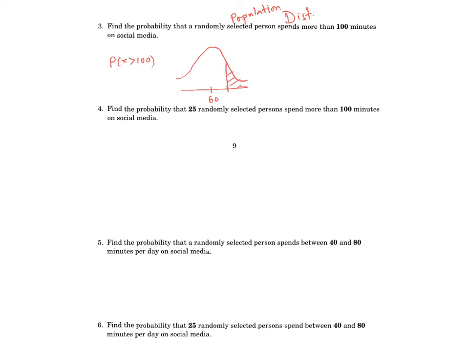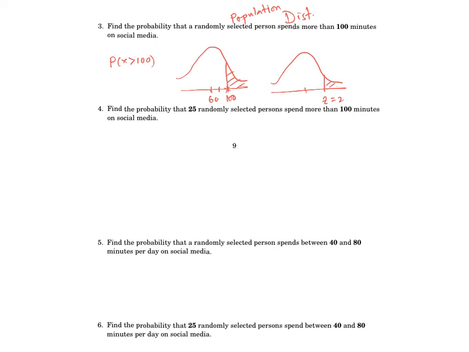You should know how to go from here to the standard normal distribution. Z is going to be 2 in this case, because standard deviation is 20, so 60 plus 20 is 80, one standard deviation, and 80 plus 20 is two standard deviations, which is 100.